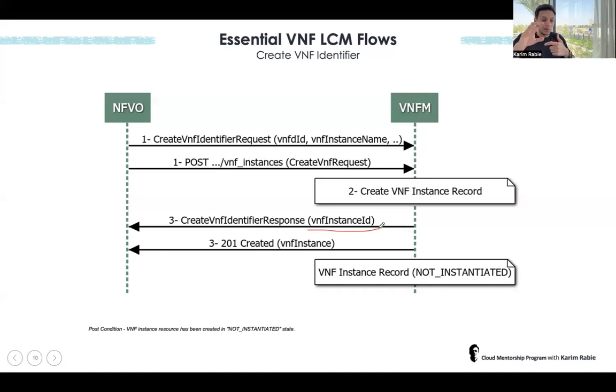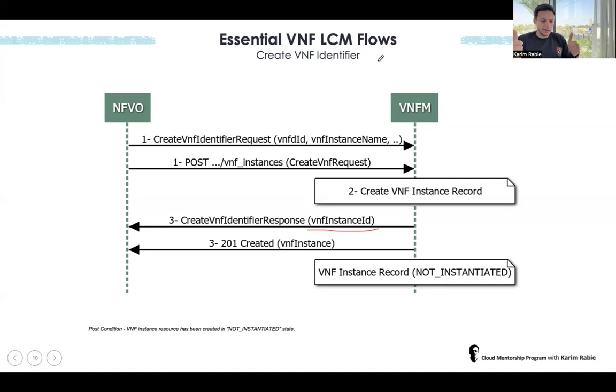Anytime the NFVO wants to instantiate the VNF, the NFVO will just say 22, that I need to instantiate the VNF ID 22. Okay, so the status now: we end this operation by having a VNF instance record created at the VNFM.